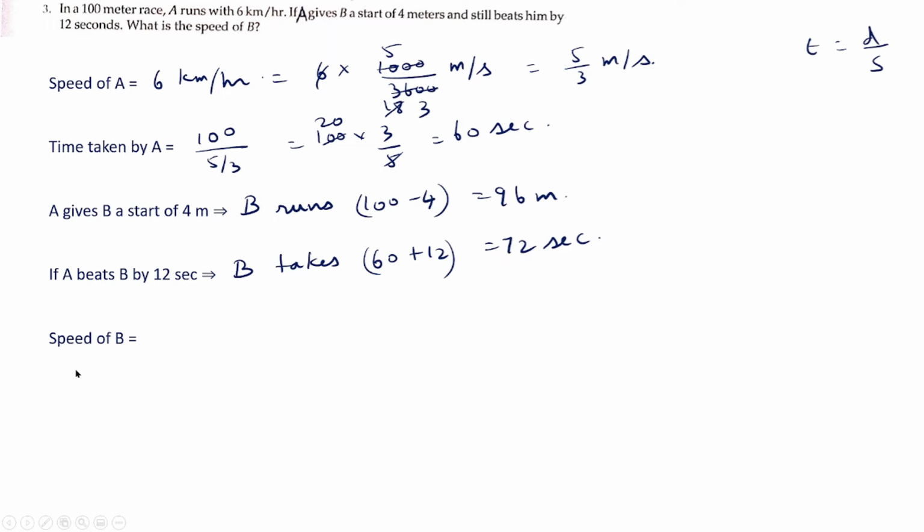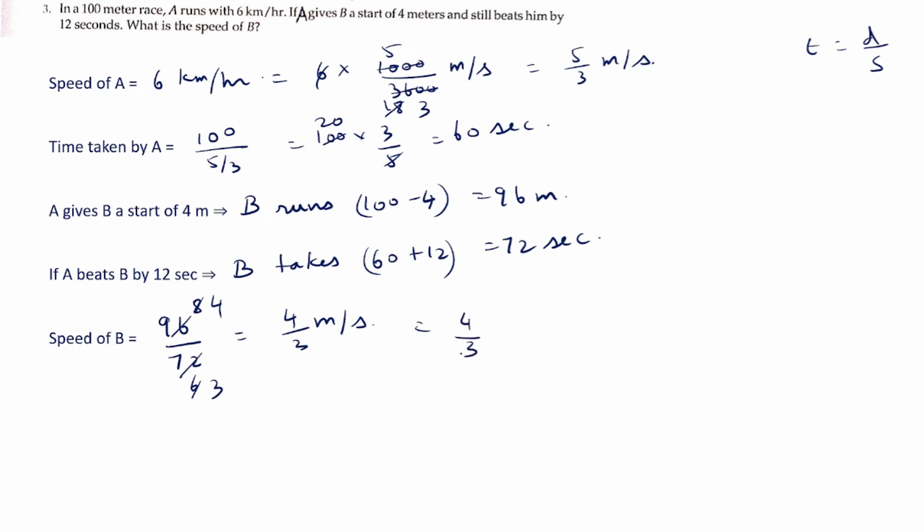From this we can find the speed of B as distance by time, which is 96 upon 72. So speed of B is 4 by 3 meters per second. Here since the speed of A is given in kilometers per hour, let us write this also in kilometers per hour.